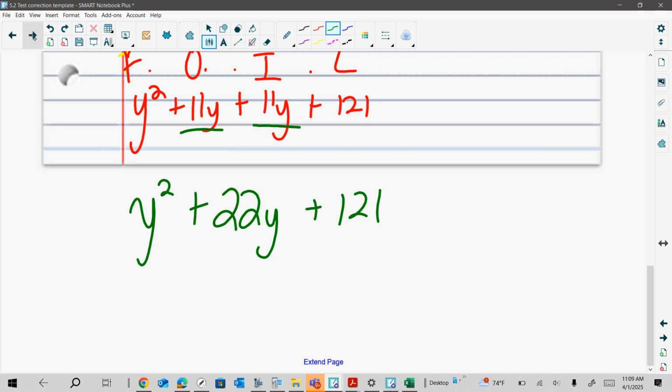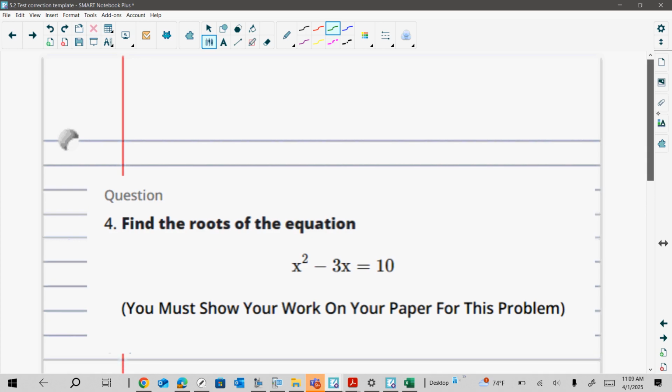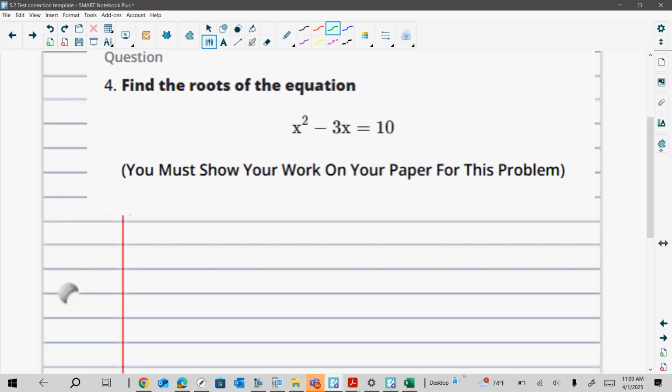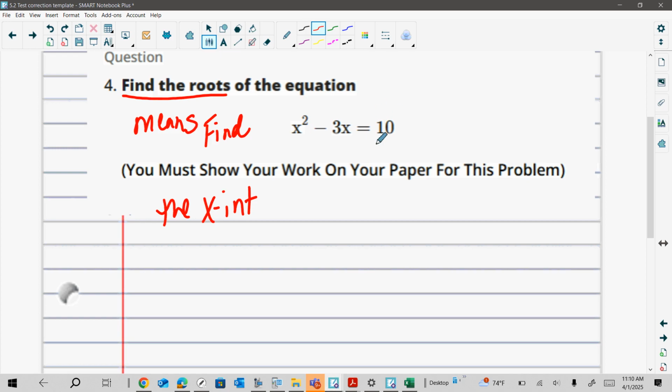All right, and then I think our next most missed, yeah, this one. To find the roots means find the solution. Basically means find the x-intercepts. But to do that, this has to equal 0.